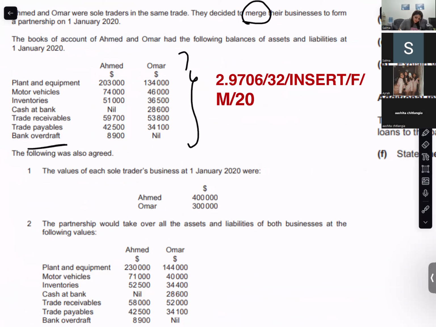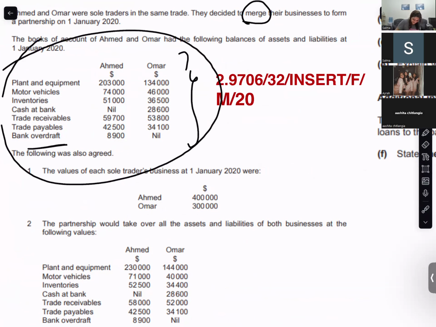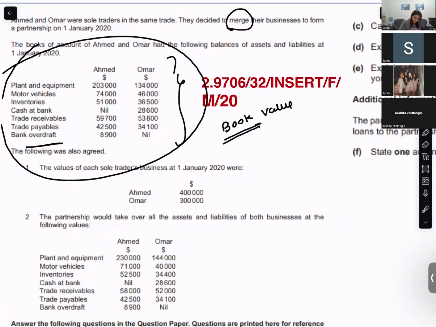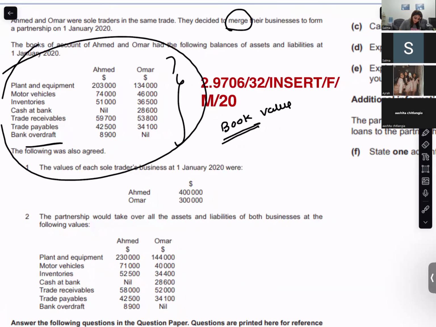What is this? Bank overdraft. What is this? The balances of assets and liabilities at book value. Do I need this while calculating NATO or goodwill? No. Okay, fine. Go ahead.